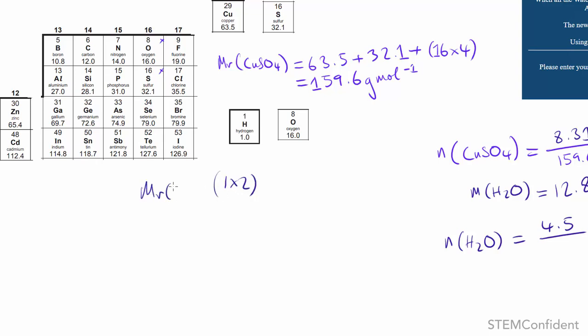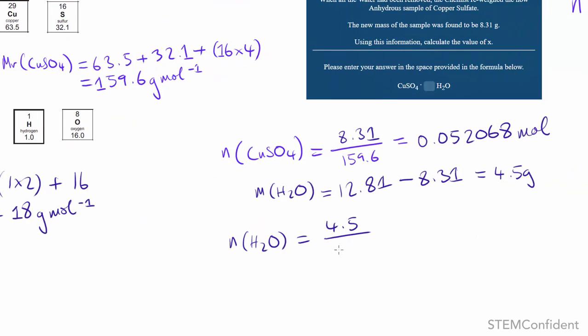Let me just put this here, Mr of H2O, plus you have to add the relative atomic mass for the oxygen, so that's going to be 16, and that's going to give you 18 grams per mole, right? Just divided by 18, and that is going to give you 0.25 moles, right?